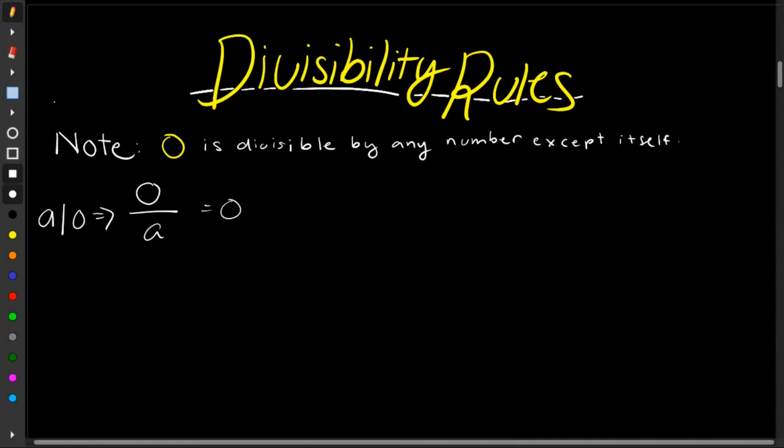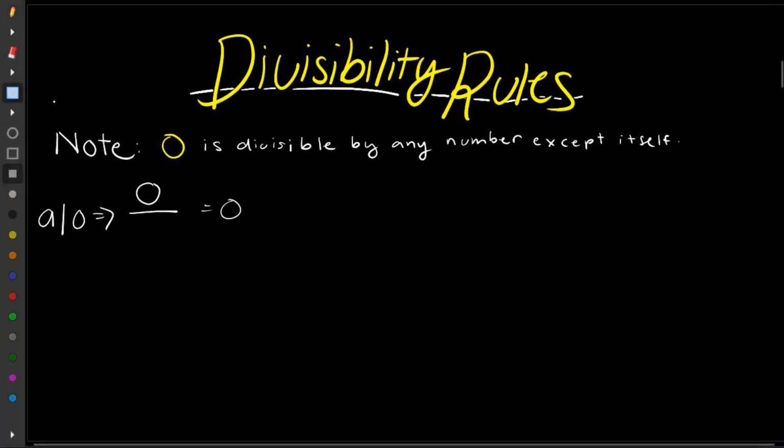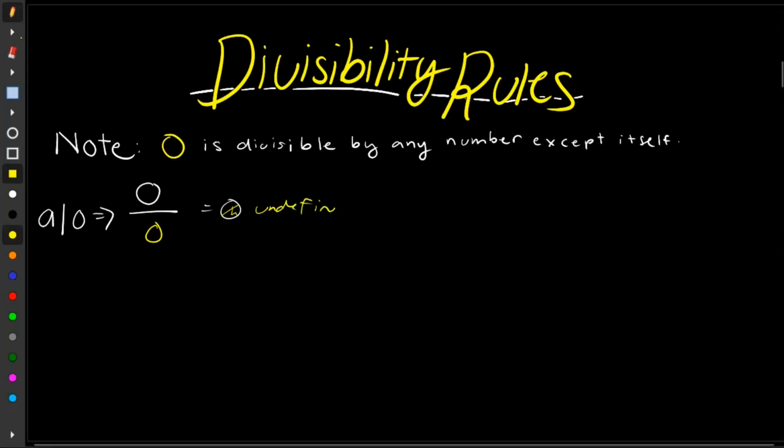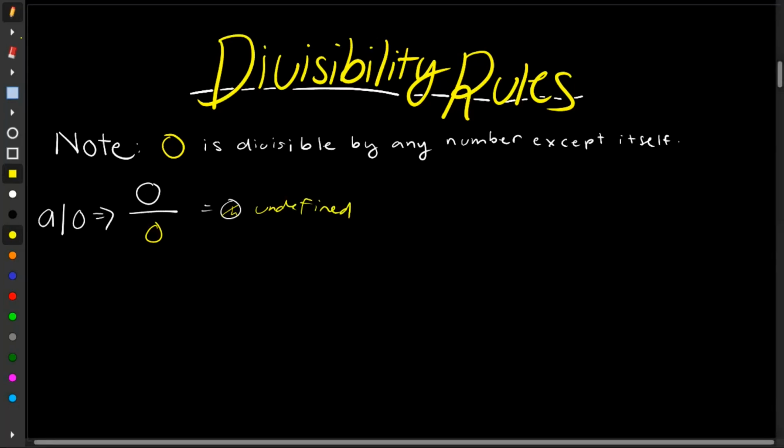So any number here can divide 0 except itself, since if it is 0, then we know that this one is undefined. So just take note that 0 is divisible by any number except itself.